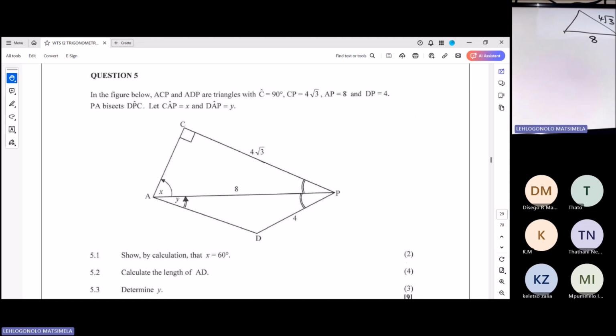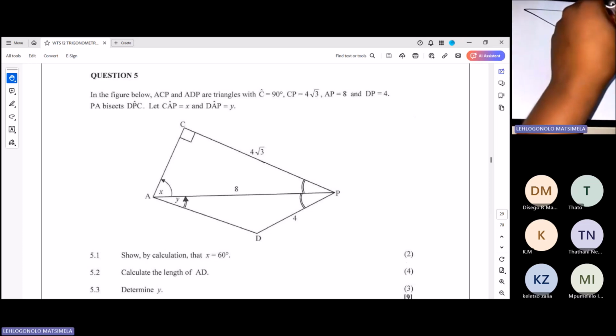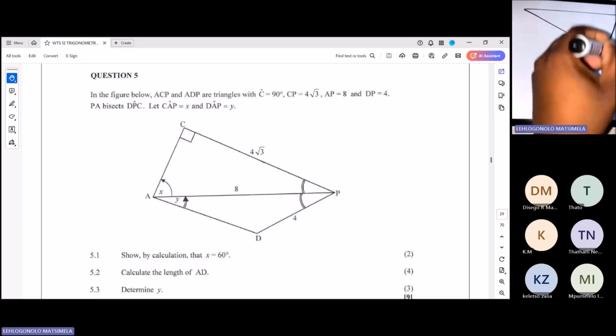Okay, let me use this triangle because this one is going to confuse you for the rest of your life. Let me use triangle APD.